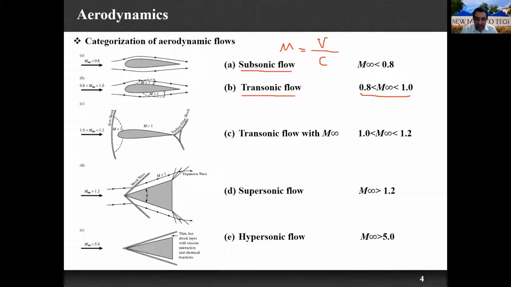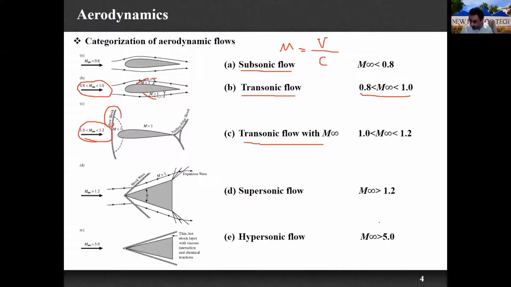You see that these are the shock waves that are created here. These dashed lines are called shock waves. If our Mach number is between 1 and 1.2, we are dealing with a transonic flow with Mach infinity. So the shape of your shock waves is different in condition C from the condition we have in part B.